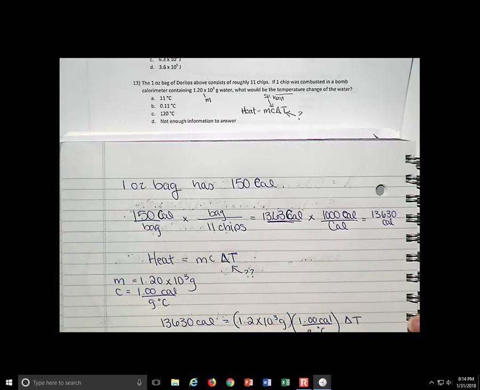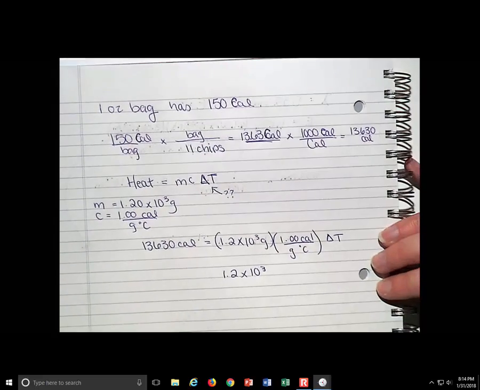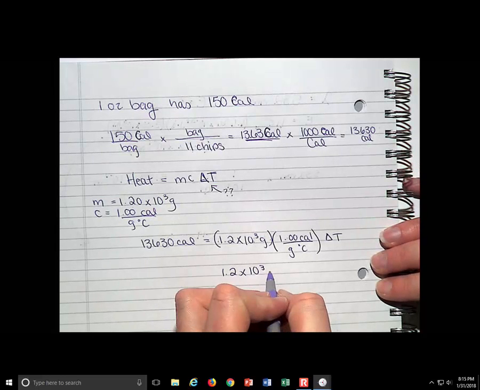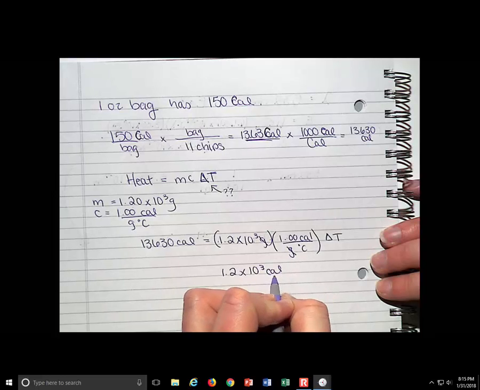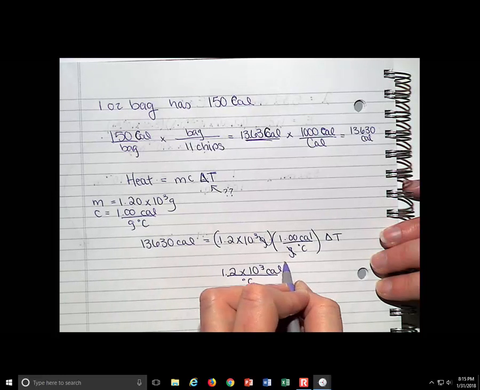And then I'm going to multiply these two numbers together, and then I'm going to divide by this number so that I can get delta T by itself. 1.2 times 10 to the 3 times 1 is simply 1.2 times 10 to the third. Grams cancel, so I'm left with calories per degree Celsius.